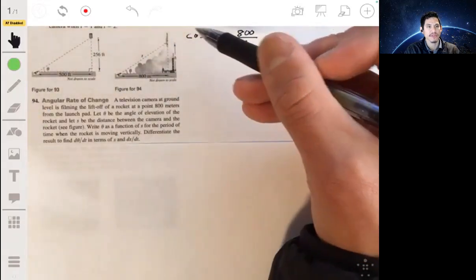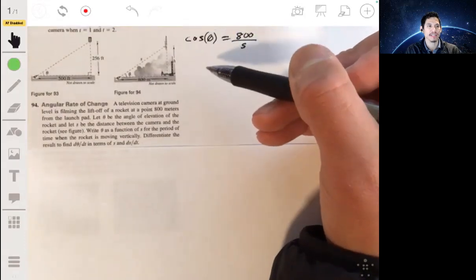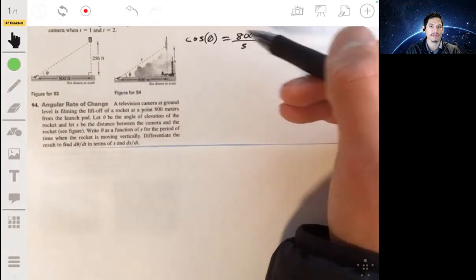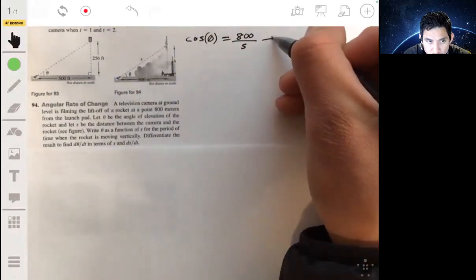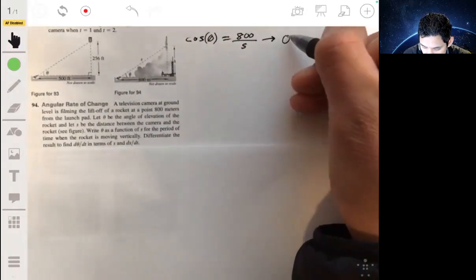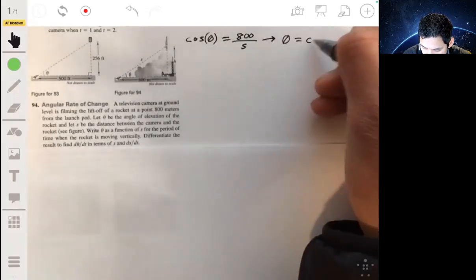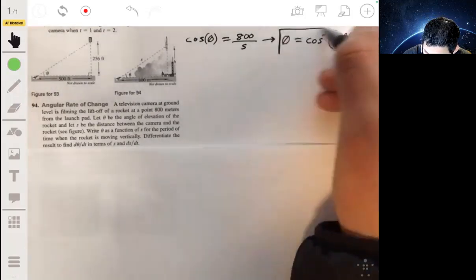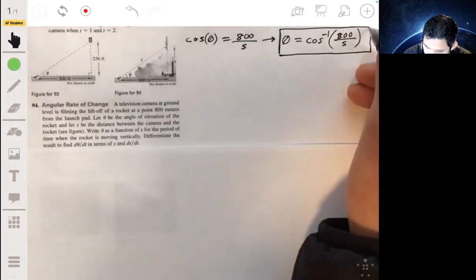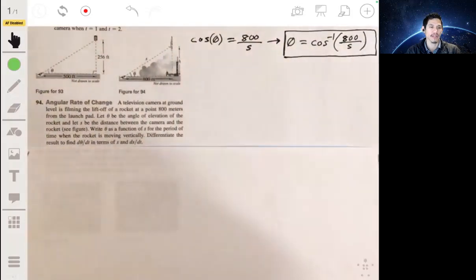So we need to find the equation for theta. What we're going to do is take the inverse cosine of both sides of the equation, because that'll undo the cosine function. And then we'll get that theta is simply the inverse cosine of 800 over s. So that's our equation for theta.